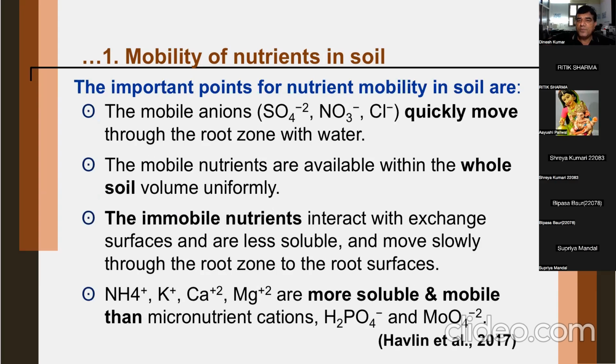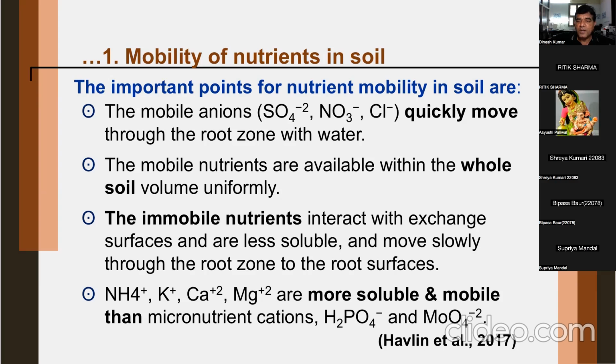The important points for nutrient mobility in soil are these. Number one, the mobile anions, sulfate, nitrate, and chloride, quickly move through the root zone with water. So they move faster, and therefore their leaching is also high.